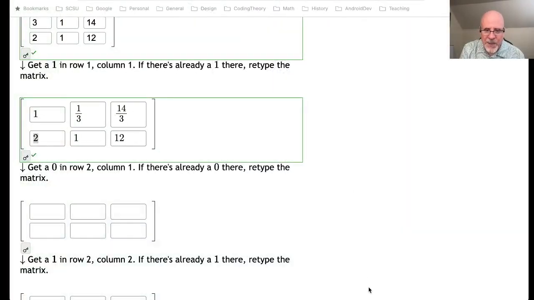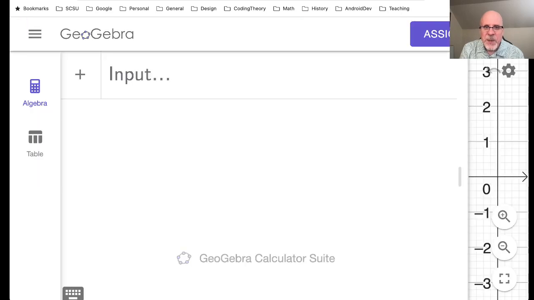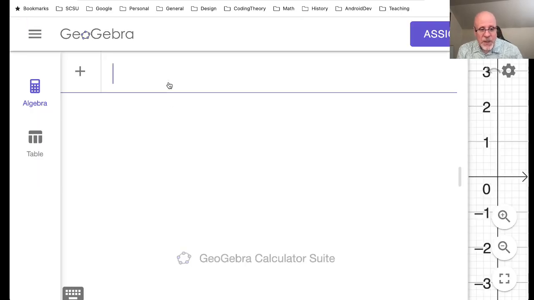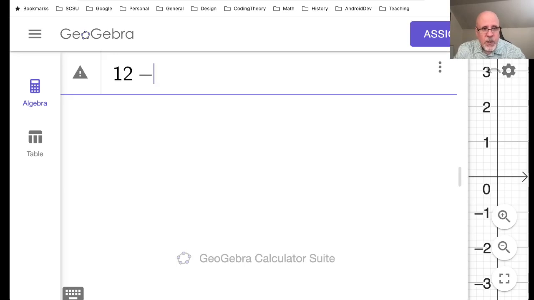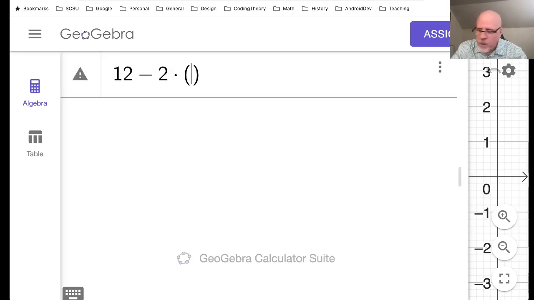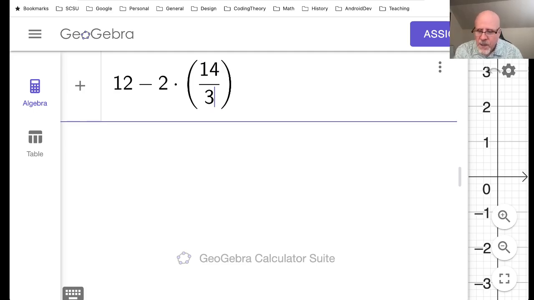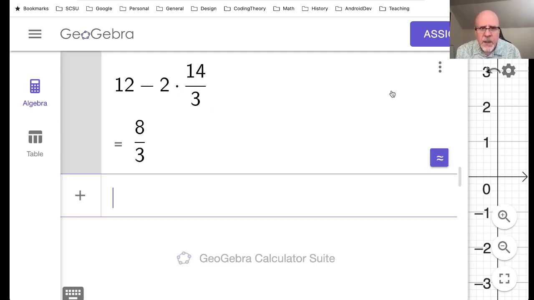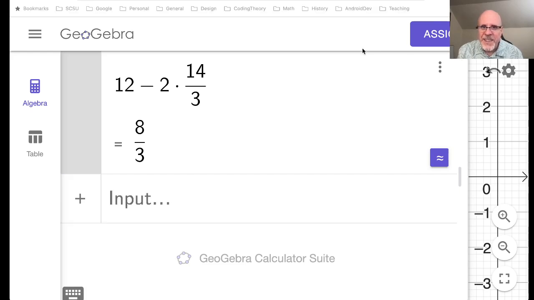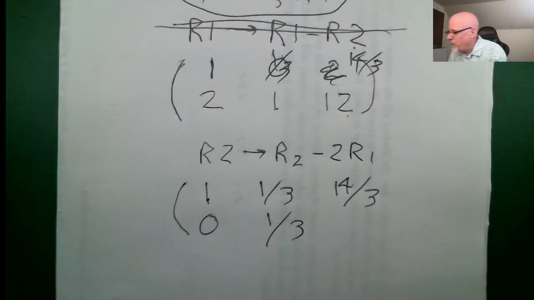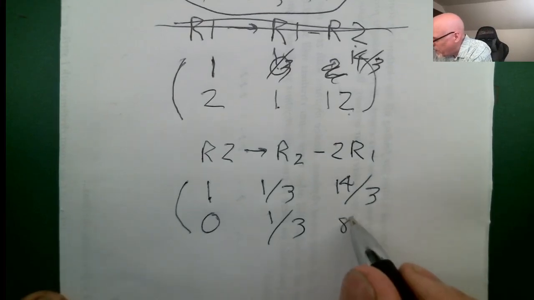I'm going to jump over to GeoGebra because I just don't want to mess up the arithmetic there. 12 minus 2 times 14/3. 8/3. Okay, fine. Let's continue with my work. This is an 8/3.